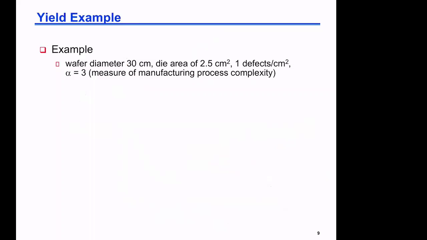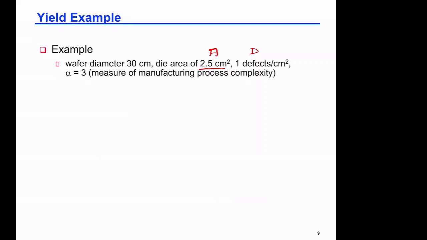Okay, so let us look at this example here. In this example, it is giving me that the wafer diameter is 30 centimeters. The die area is 2.5 centimeters square. The defect density is 1 defect per centimeter square.